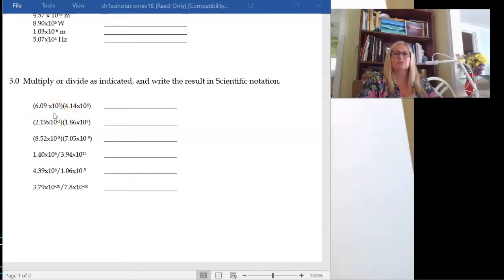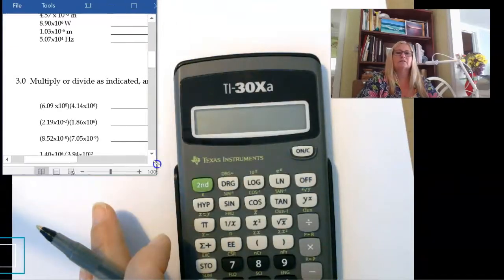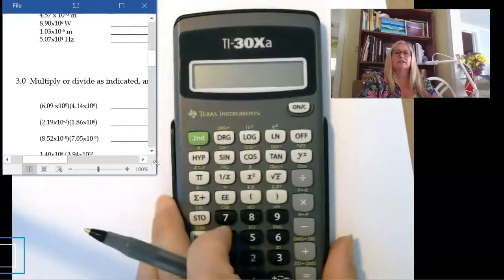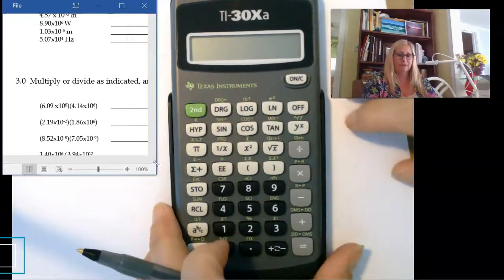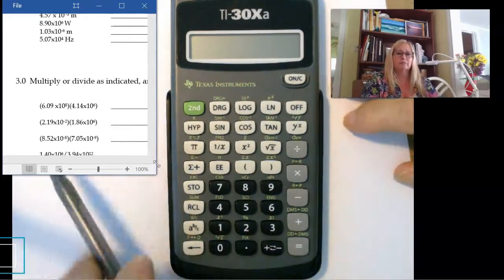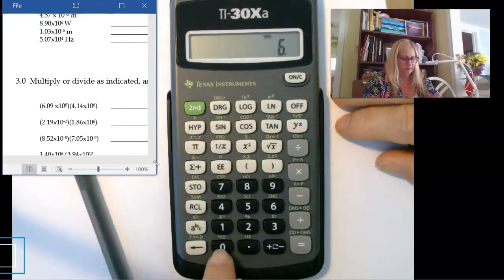So if I do the first one, I'm just going to move this to make it a little smaller so you can also see the calculator. Okay. So if I'm doing 6.09, which is the first one, in my calculator, I'm going to do 6.09.